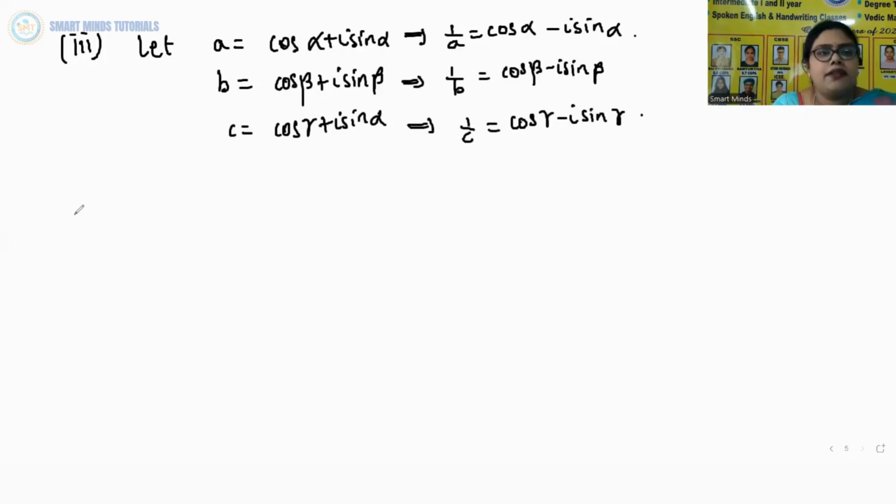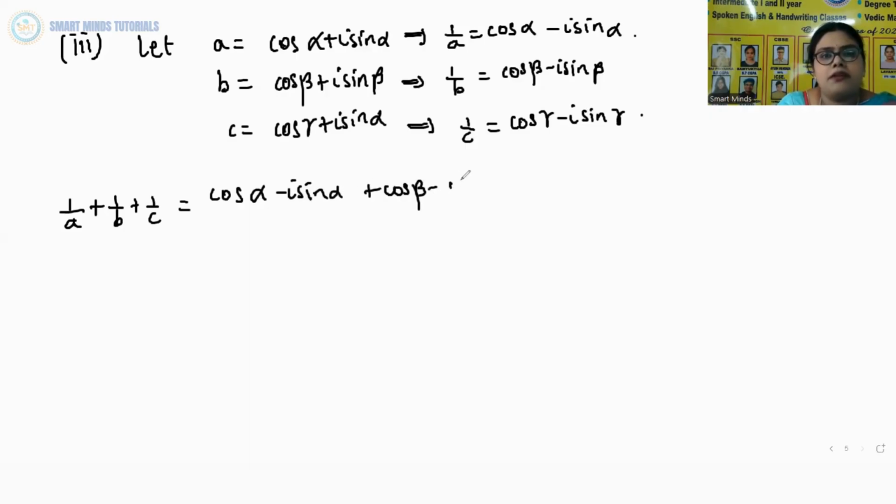Now let us add them, 1 by A plus 1 by B plus 1 by C. That is cos alpha minus i sin alpha plus cos beta minus i sin beta plus cos gamma minus i sin gamma. Now I am grouping them, cos terms in one bracket.